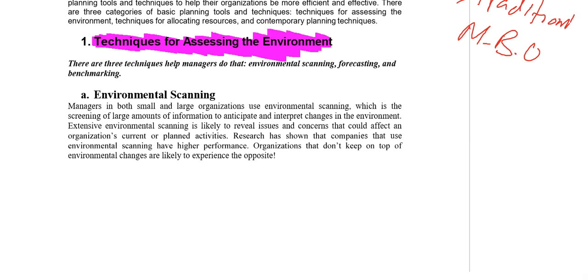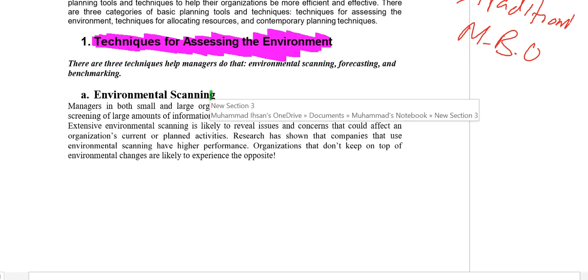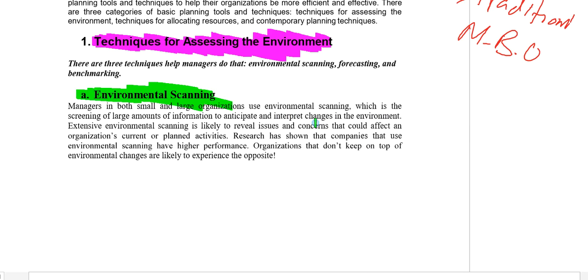And students, when we assess the environment, we have to see the environment scanning. So before going to the scanning of the environment, let us discuss what is environment.